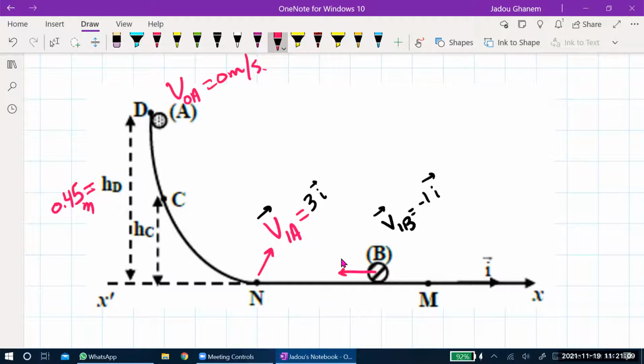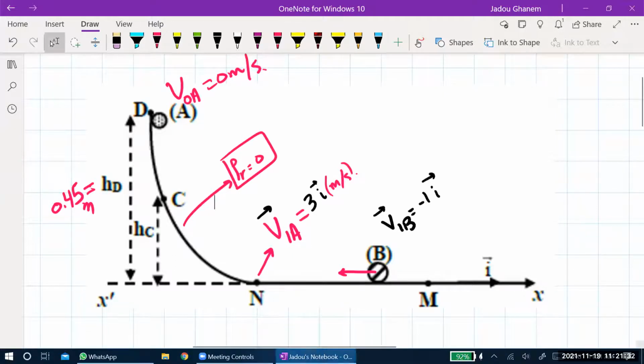A reaches point N with a speed of 3 meters per second. We calculated the value of V1A at point N by the conservation of mechanical energy, since there is no friction along this path. So friction equals 0, then mechanical energy is conserved.